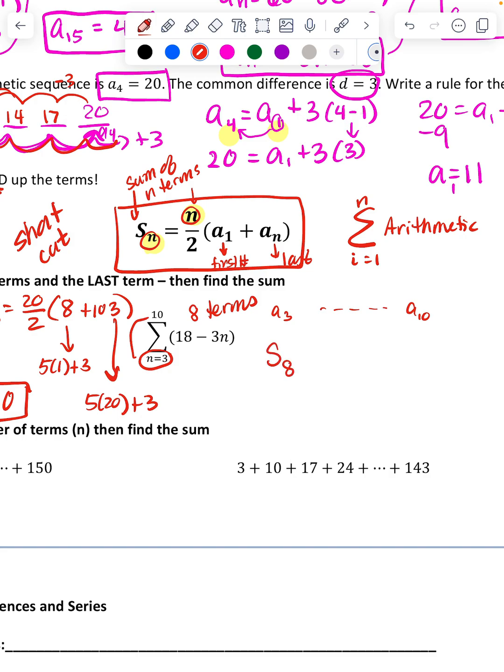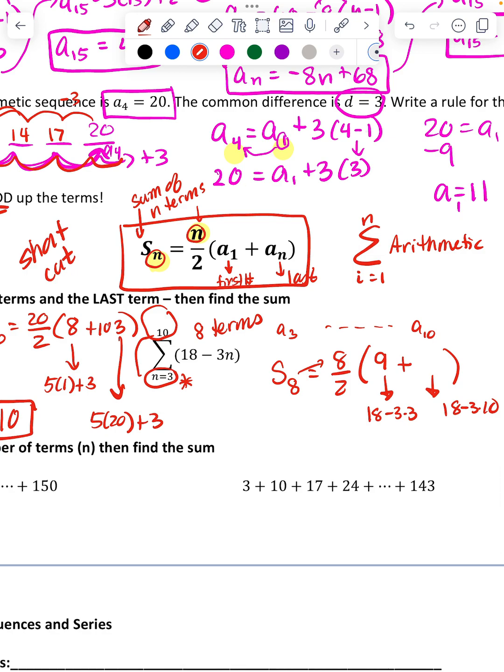So I'm going to end up with the sum of 8 terms. I'm going to be using 8 up here because these two always match. I need my first term, but my first term is what you get when you plug in this bottom number. So 18 minus 3 times 3 turns out to be a 9. And then I'm going to add the last term, which is going to be 18 minus 3 times 10, because that's the last number I would plug in.